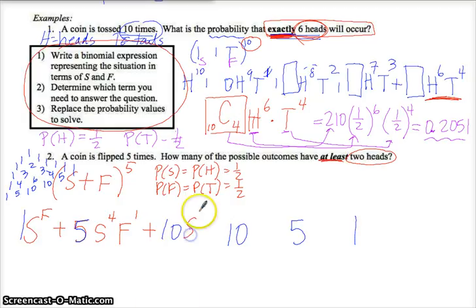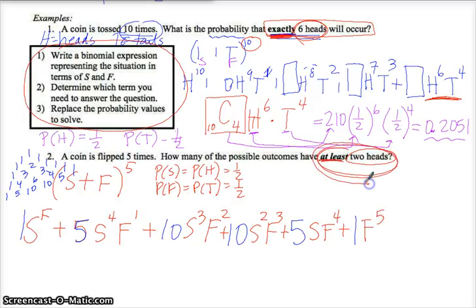So this is s cubed f squared plus s squared f cubed plus s f to the 4th plus failure to the 5th. Well, at least 2 heads means my heads, which is my success, need to be 2 or more. So what I have to end up doing is adding all this information up right here.